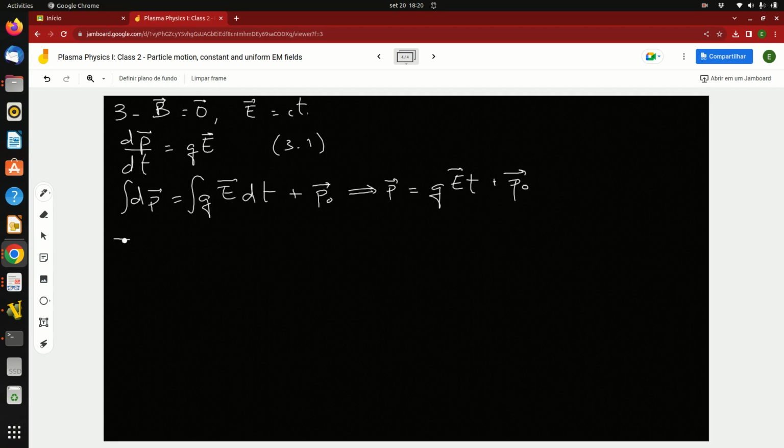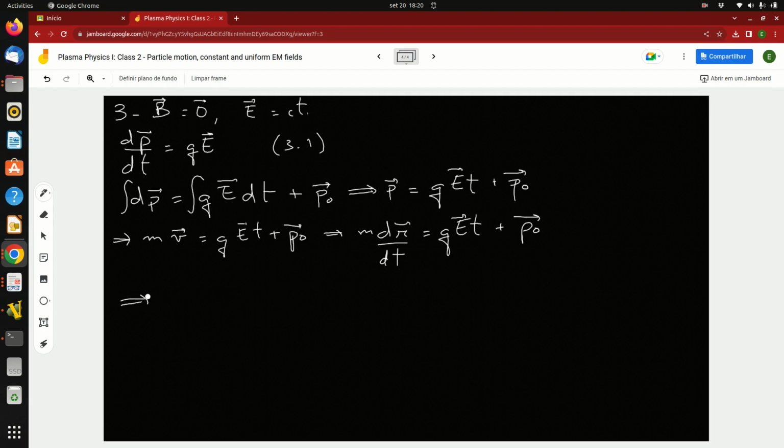P is just mass times velocity. And velocity is dr/dt. And we can actually integrate it once more to obtain the position.